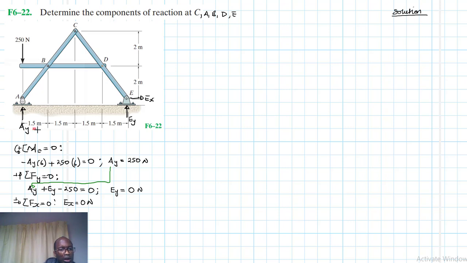So we have AY equal to 250, EY equal to 0, and EX equal to 0.